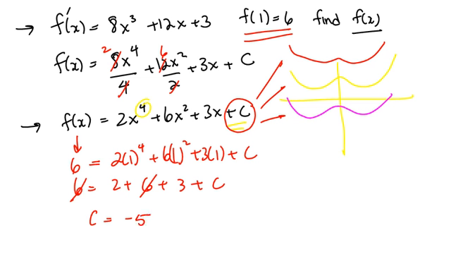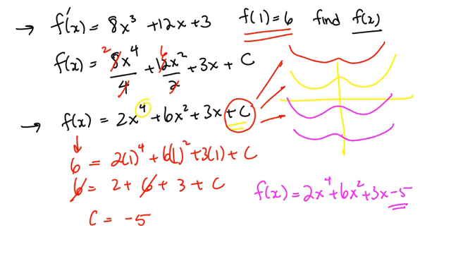So that means my original function was f of x equals 8x cubed. So, sorry, no, not 8x cubed, that was the derivative. 2x to the fourth plus 6x squared plus 3x minus 5. So it had a y-intercept of negative 5, so it would have been down there.